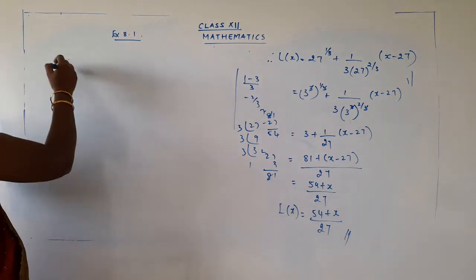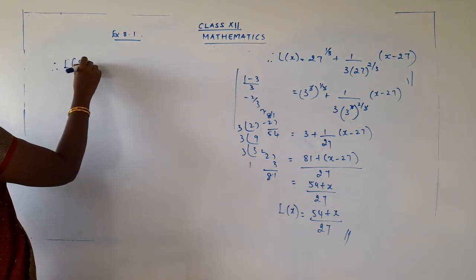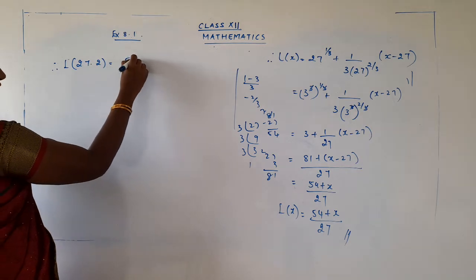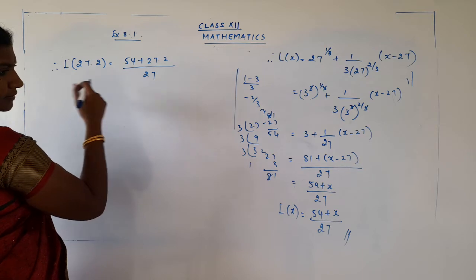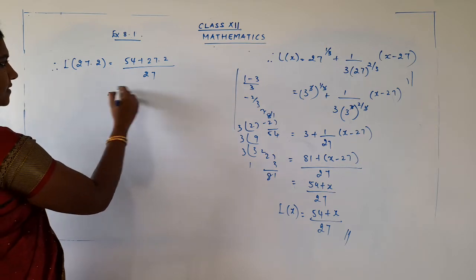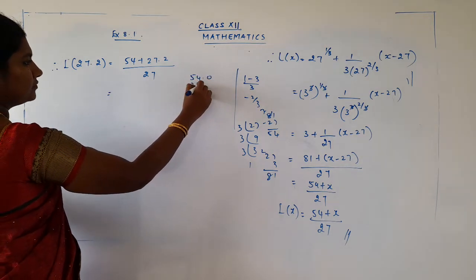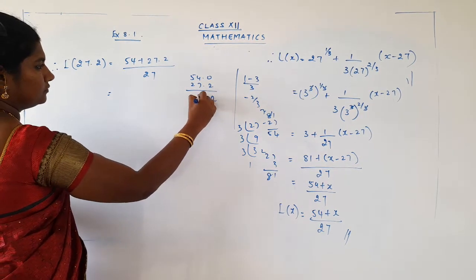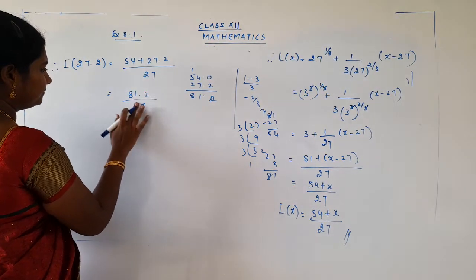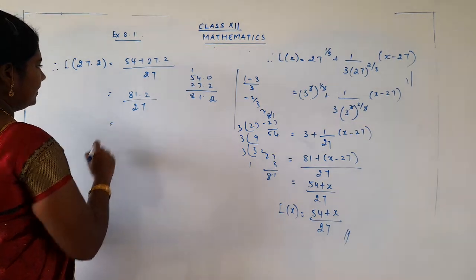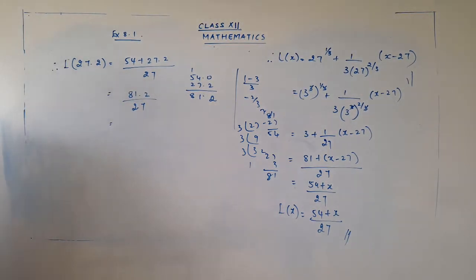Therefore, L of 27.2 is equal to 54 plus 27.2 upon 27, which is 81.2 upon 27.